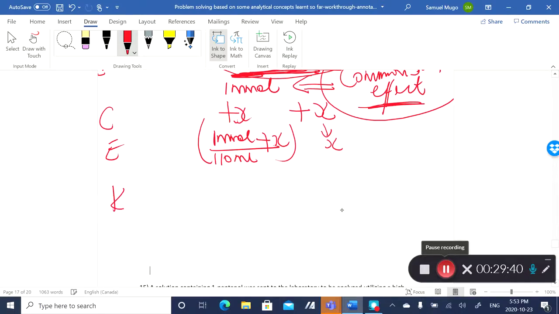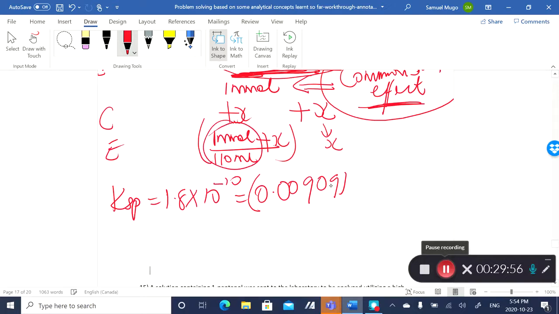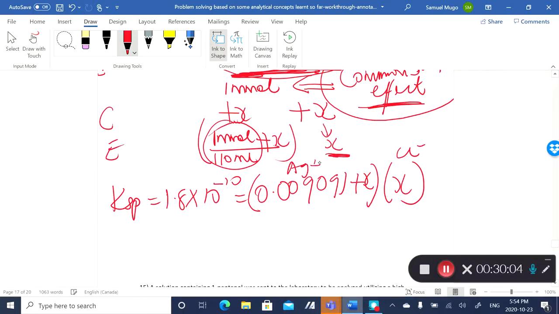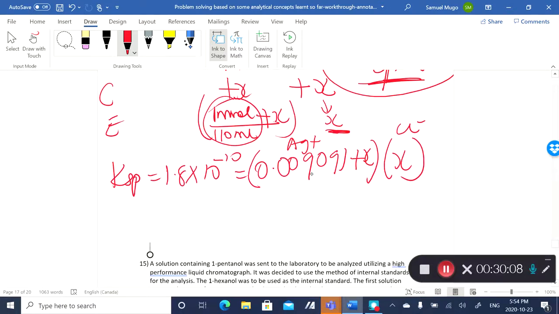And so then my Ksp is going to be equal to 1.8 times 10 to the power negative 10, and 0.009091, that's after taking these ratios, plus x, multiplied by x. So that's my chloride and that's my silver plus, right? And then after that, of course, I can solve this problem.